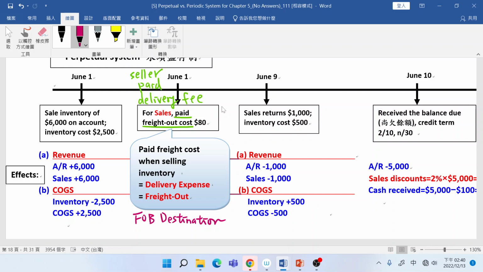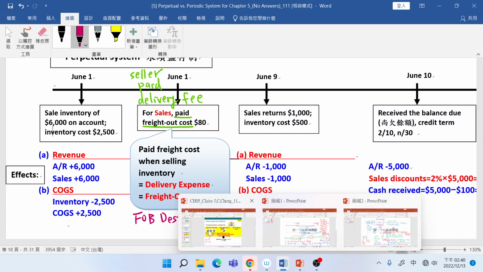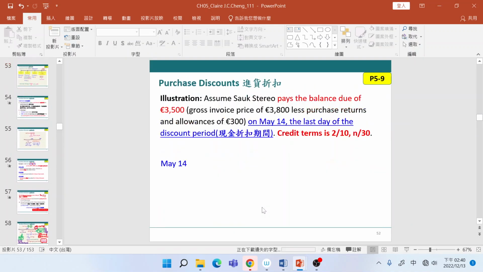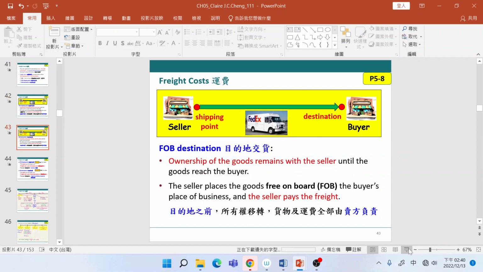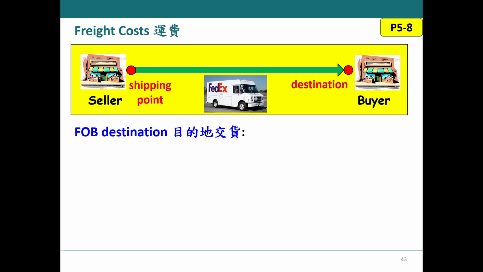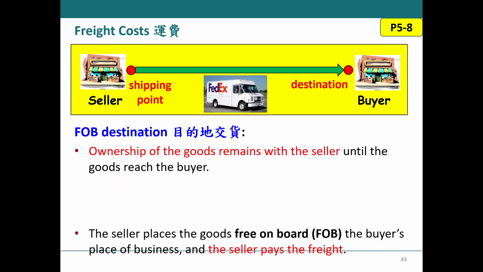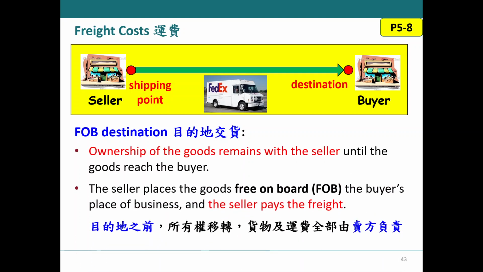How do we record it in accounting? So please go back to the slides. Slide 43.